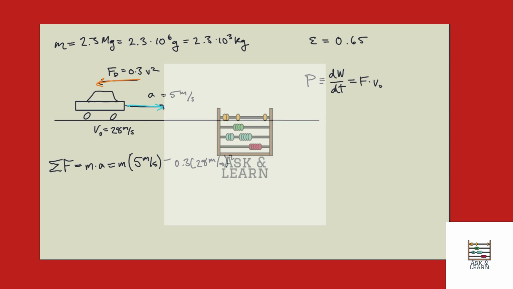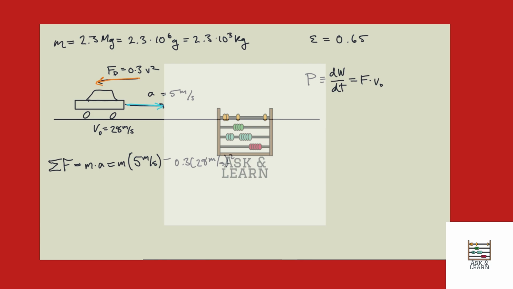Okay, so let's just use a calculator here. We don't need this side of the equation here, right? Because we just would like to calculate the total net force. This equals the net force. So let's plug in this mass here.